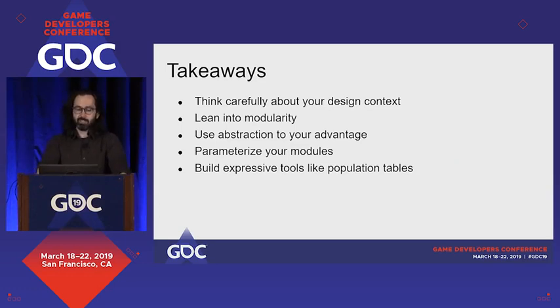All of these decisions are really driven by the game design, the vision we have. We have some very specific ideas about what a village looks like when we're designing the game, and so we want this architecture to be able to serve those ideas. You want to lean into modularity.